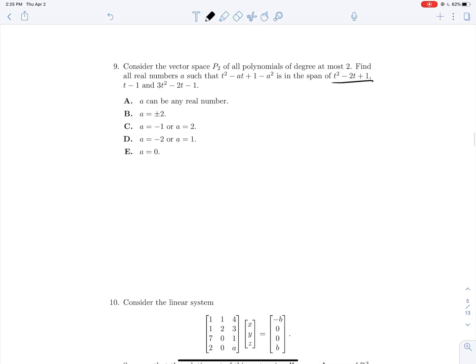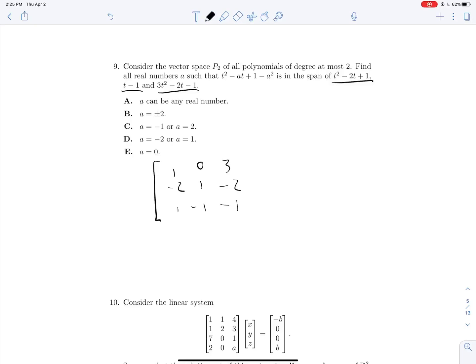Writing the entries like t squared, t, and then some constant, this first polynomial can be expressed as 1, -2, 1. Our second polynomial is 0, 1, -1. And our third polynomial is 3, -2, -1.